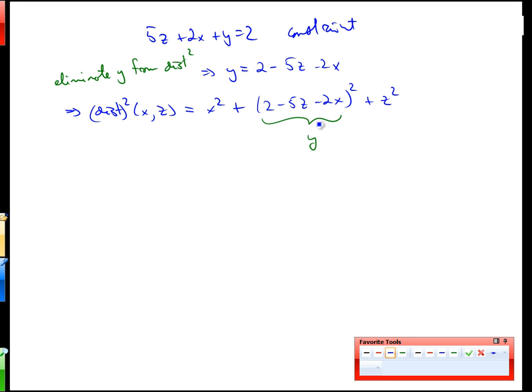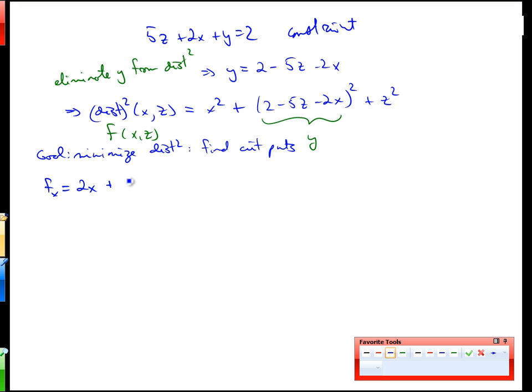Okay, once we've got our formula here, our goal now is to minimize this function, minimize the distance squared, and so that means finding critical points. So what do we get here? Let's call this f of x, z, and then we can start doing our differentiation. The x derivative, 2x.